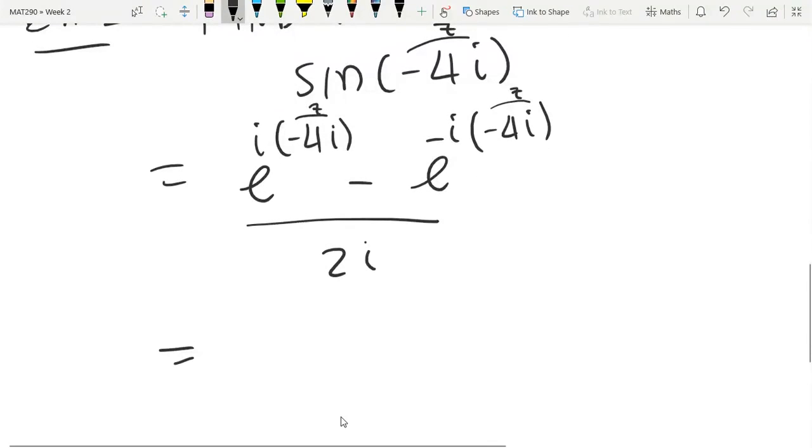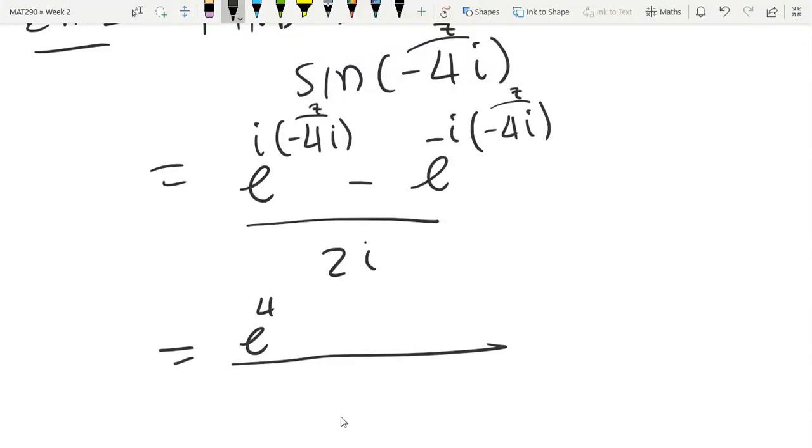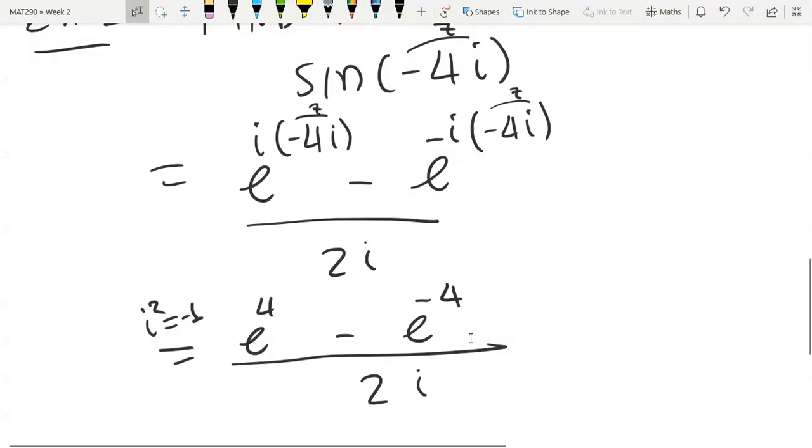Right, so the i cancel out. So you get e to the 4, because i squared is minus 1. And here again, you get a minus, but you have another minus, so you get e to the minus 4. And right, you divide by 2i. Okay, good.